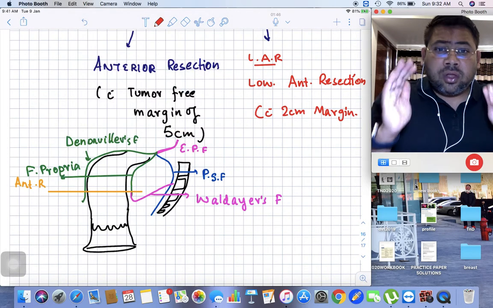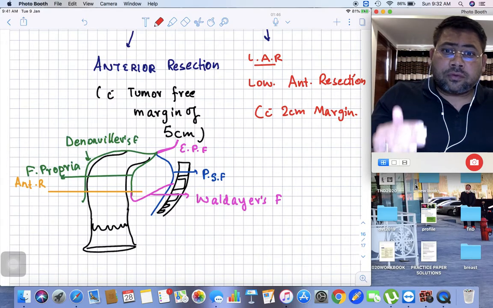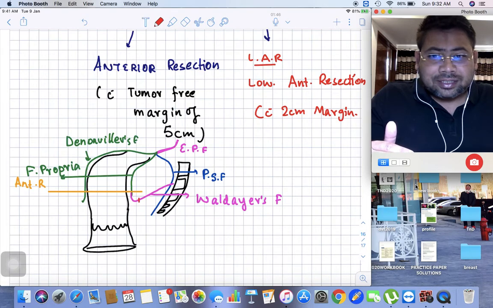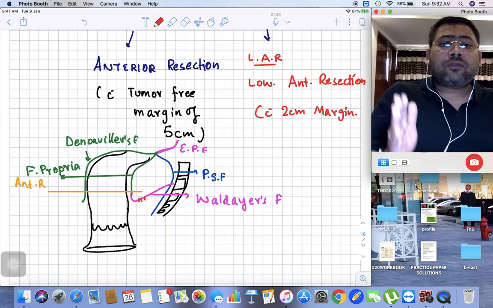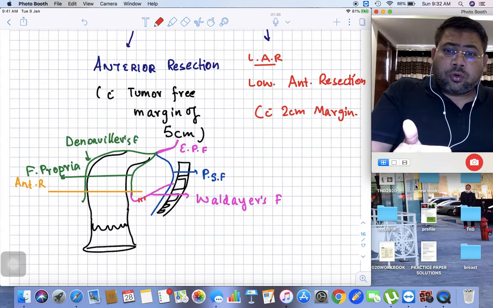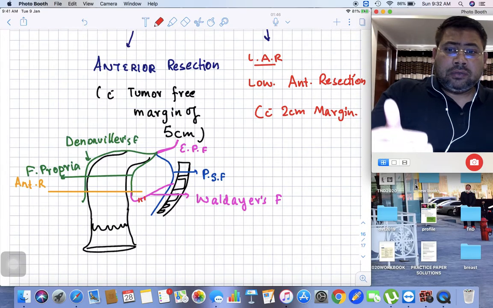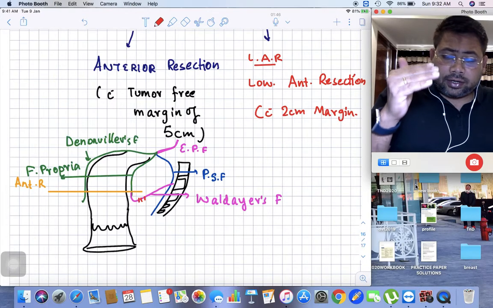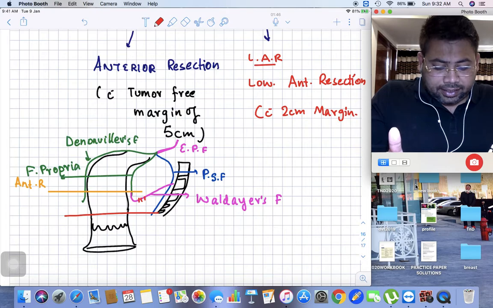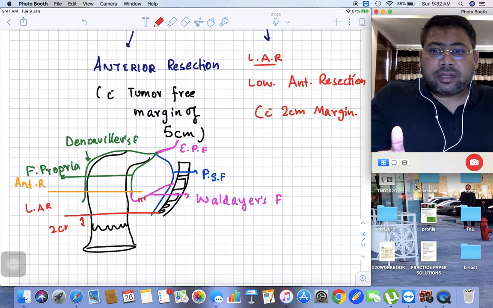Now if you go down for lower or mid rectal tumors, you have to cut the levator and you have to cut this Waldeyer's fascia. The moment you go below the Waldeyer's fascia or rectosacral fascia level, that surgery is known as LAR. In LAR, we take a margin of at least 2 centimeters.